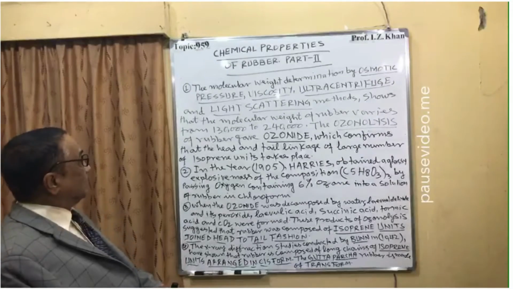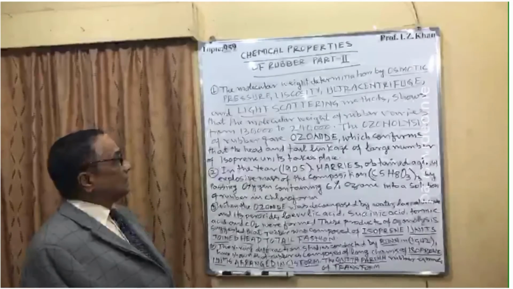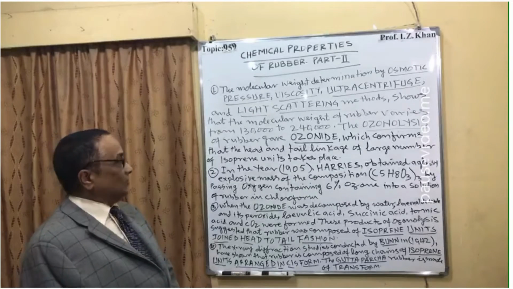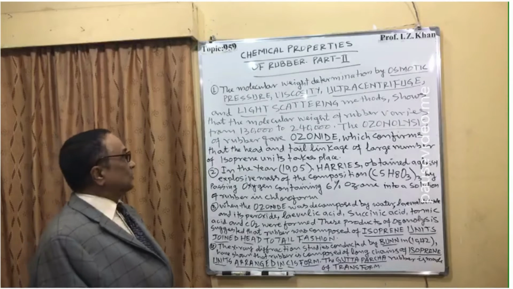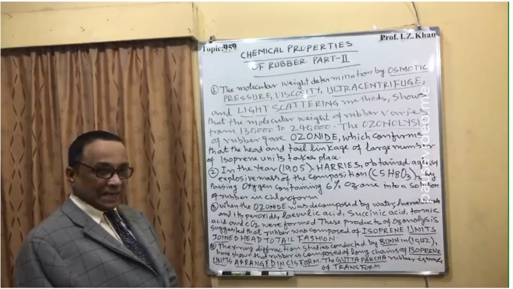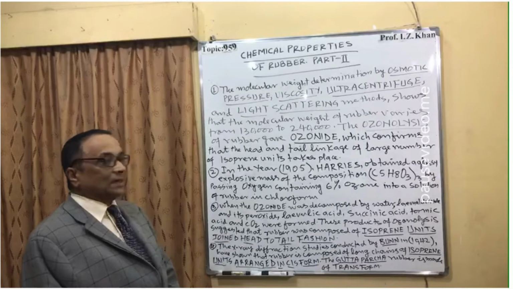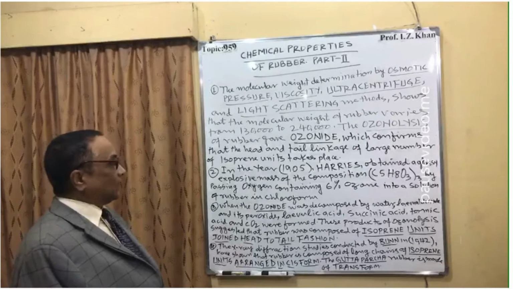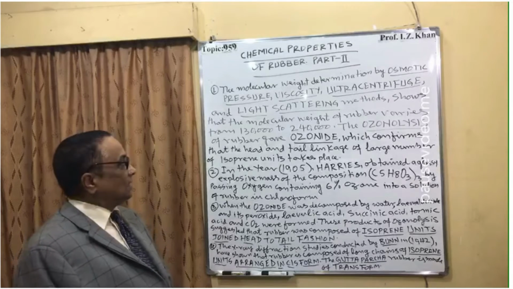Number 1, the molecular weight determination by osmotic pressure, viscosity, ultracentrifuge, and light scattering methods shows that the molecular weight of rubber varies from 130,000 to 240,000.